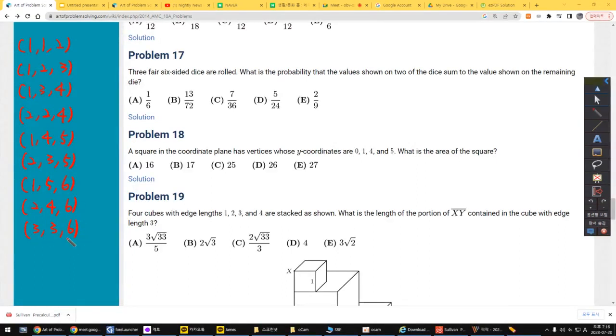Yeah, so the maximum is 6. So after making these triples, if there is a common number in the triple, the number of arrangements is 3. And if there are no common numbers among triples, the number of arrangements is 6.